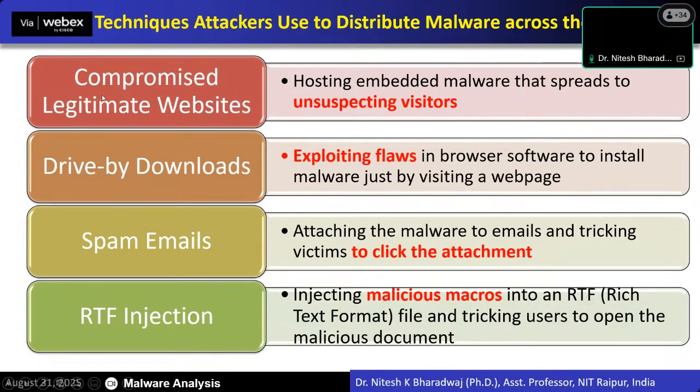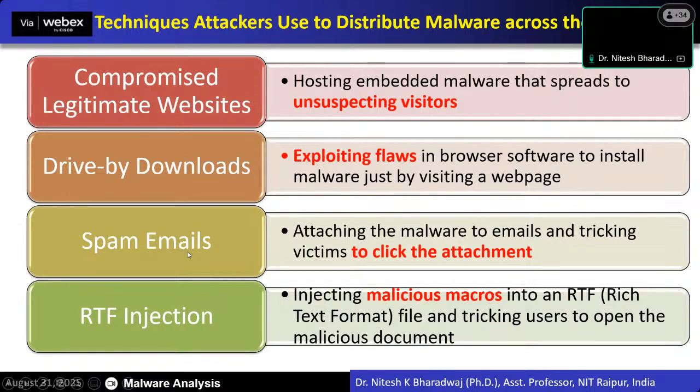You have compromised legitimate websites. In this, attackers use compromised websites to infect systems with malware. Okay, so basically here, hosting embedded malware that spreads to unsuspecting visitors. Drive-by download, exploiting flaws in browser software to install malware just by visiting a web page.